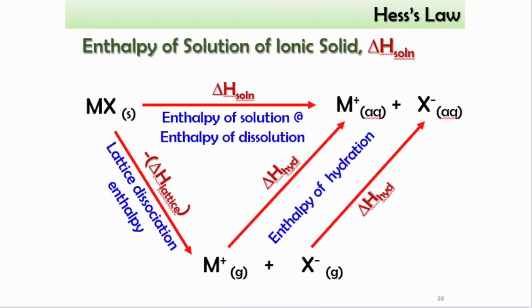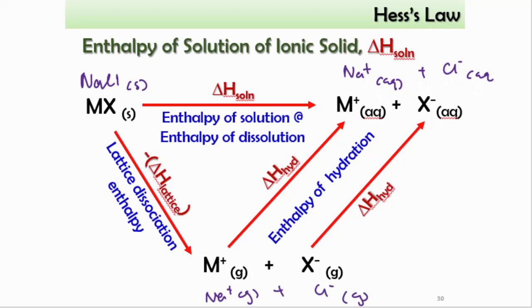So basically this is dalam bentuk equation, so kita tulislah supaya kamu nampak. Ini NaCl solid, so contoh, ini Na+ aqueous plus Cl- aqueous. So for this one, from NaCl kamu convert jadi aqueous ion, it is enthalpy of solution. Kalau this way pula, from your salt, ionic solid, kamu undergo lattice dissociation energy, you will form your gaseous ion, cation dengan anion di sini lah.